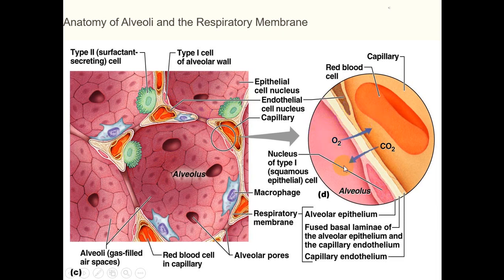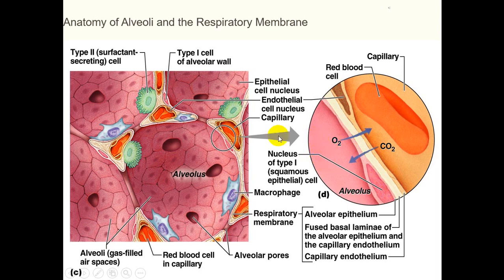And here in the inset, the respiratory membrane is formed of these layers: the endothelial wall of the capillary on one side with its basal lamina, then the basal lamina of the alveolar epithelium, and then the type 1 alveolar cells. So here the exchange is occurring between the blood and the air in the alveoli.